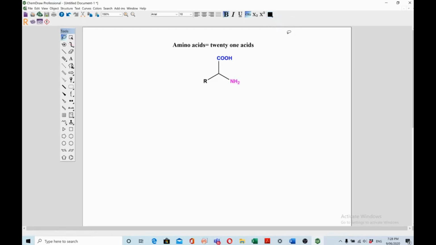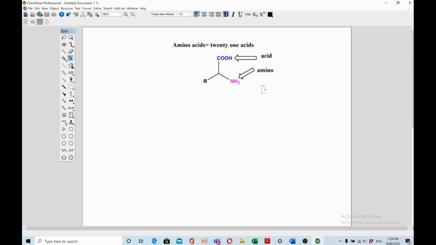That's why they are called amino acids. This NH2 group is the amino group, and this is the acid. So acid, NH2, amino: amino acid. If there are more, that's why we say amino acids, plural.